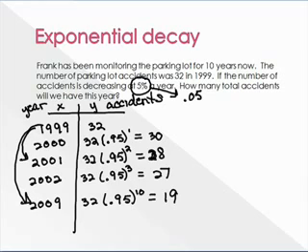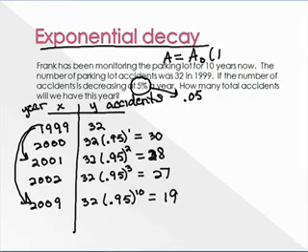Okay, so this is exponential decay. So it's a lot like our exponential growth. The only difference is, to get the amount left, we take the initial amount times 1 minus the rate raised to the t. Okay, so that's the only difference, a plus or a minus, between growth and decay. So if it's growing, it's more than 100%, and if it's decaying, it's less than 100%. Okay? All right.